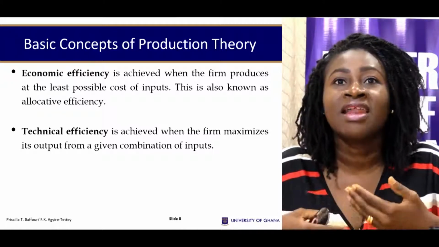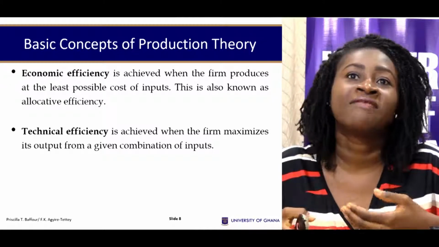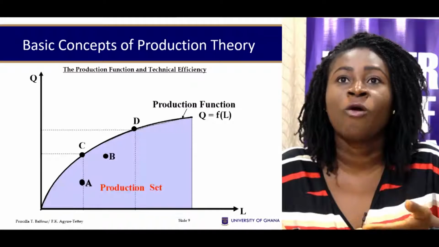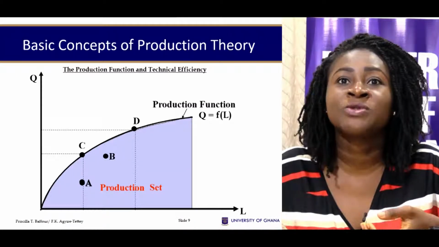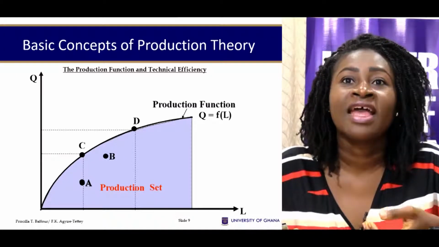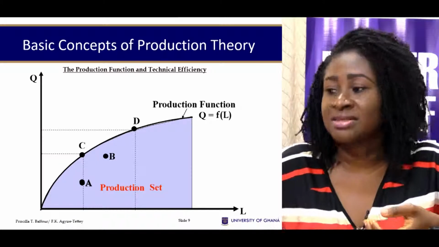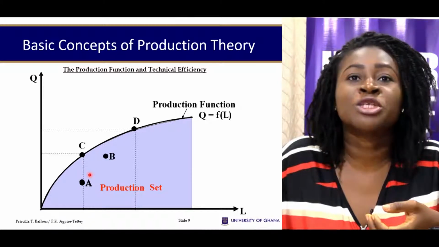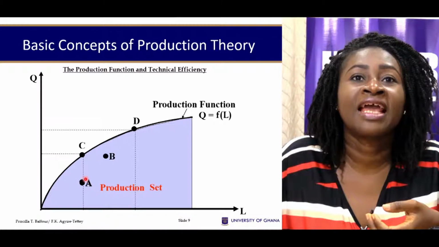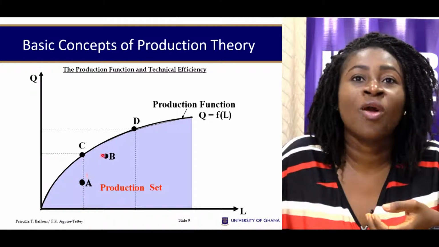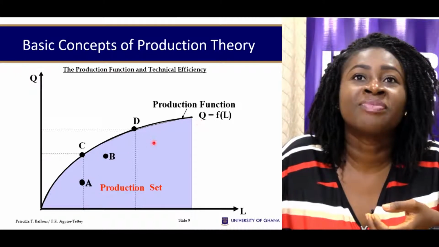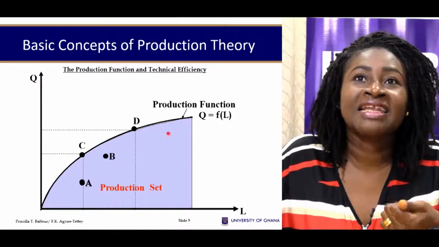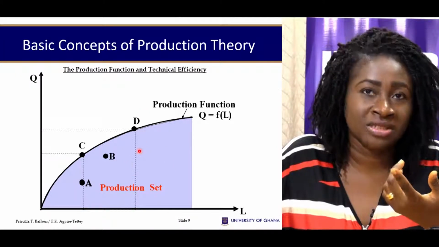Then technical efficiency is achieved when the firm maximizes its output from a given combination of input. So in terms of this, we have a given production set, right? In the production set, or the shaded area, if a firm is producing at point A or B, then this firm is not really being technically efficient or productively efficient as well.